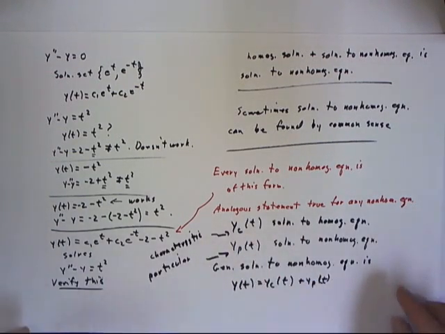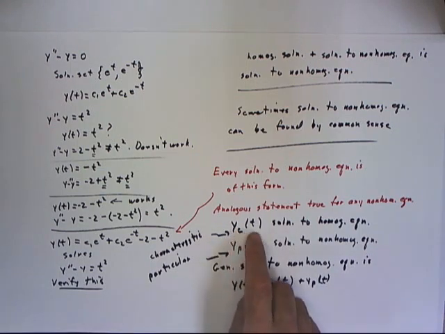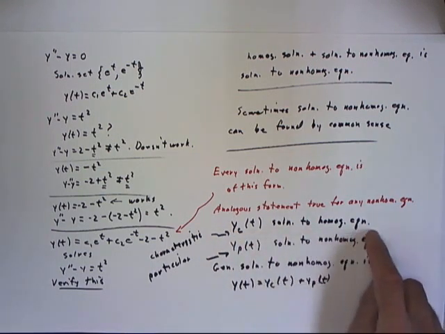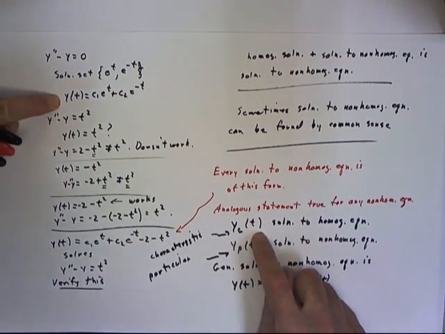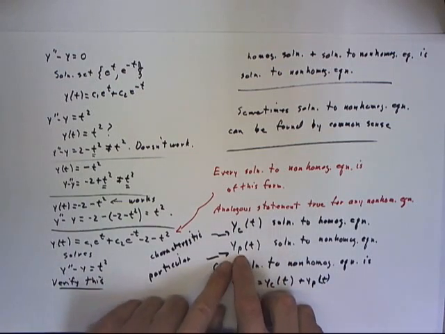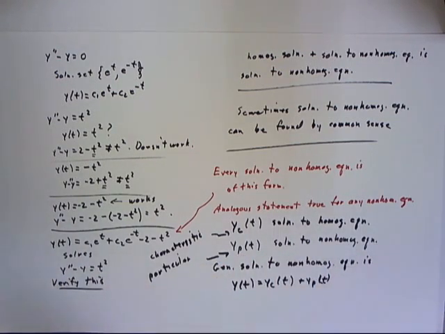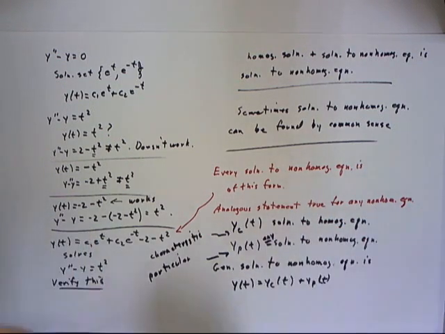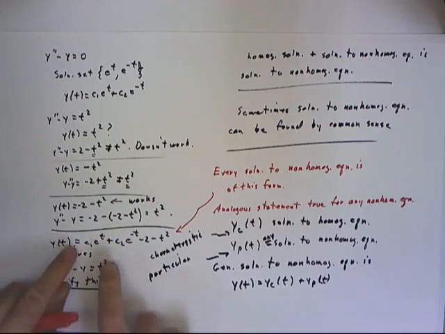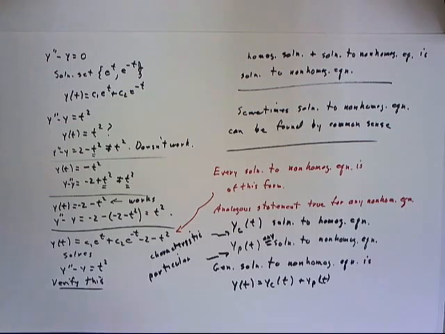We can summarize that statement, and we're going to introduce a little terminology. Y sub c of t is going to be our solution to the homogeneous equation. That just corresponds to our general solution up here. Y p of t will be any solution to the non-homogeneous equation. And right here is a solution to the non-homogeneous equation.